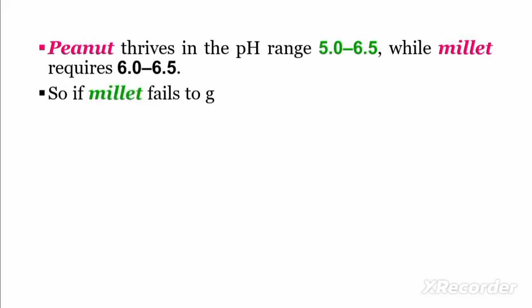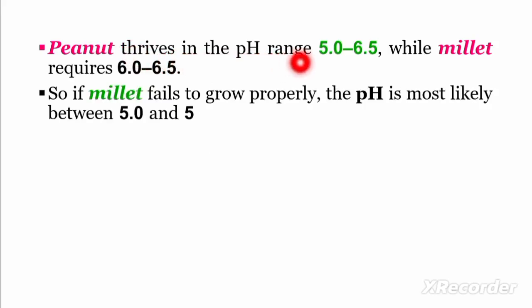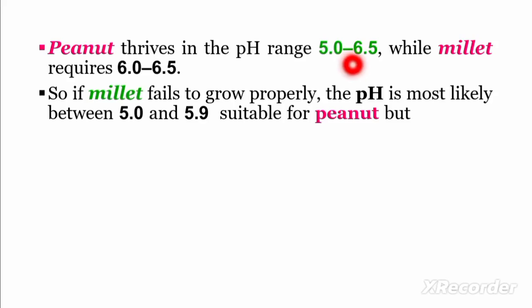We need to remember that peanut grows well in the pH range 5.0 to 6.5, while millet requires a pH of 6.0 to 6.5.